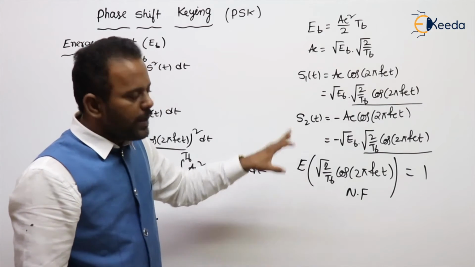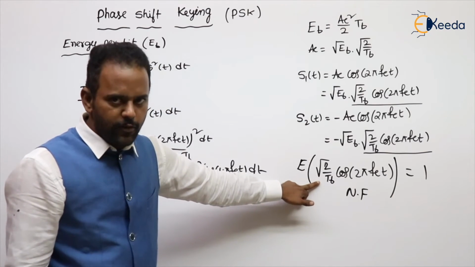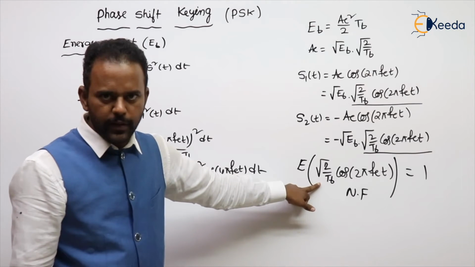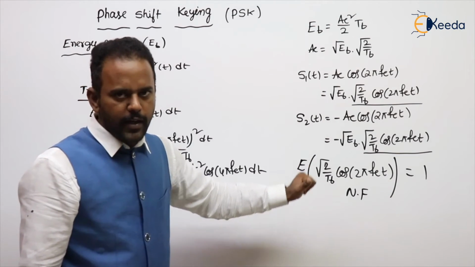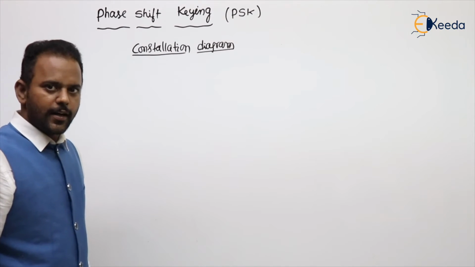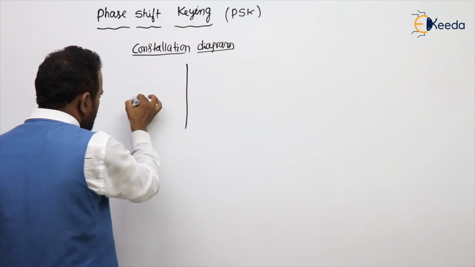Now, by using them, I will draw the constellation diagram. I already showed that the energy of root 2 by Tb cos 2 pi fct is 1. Clear? Now see the constellation diagram. What is the reference axis for the constellation diagram?